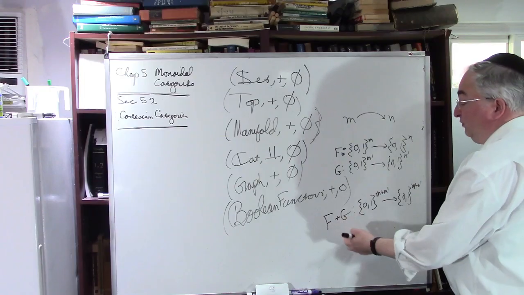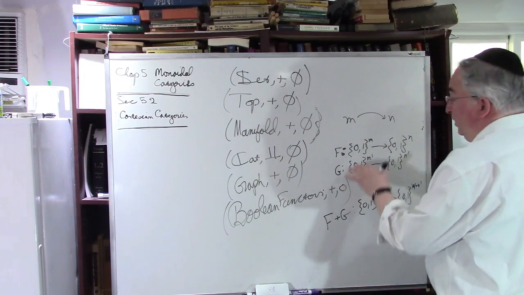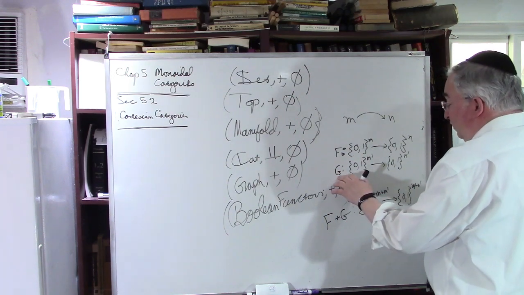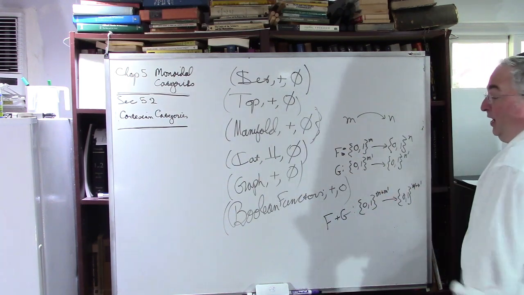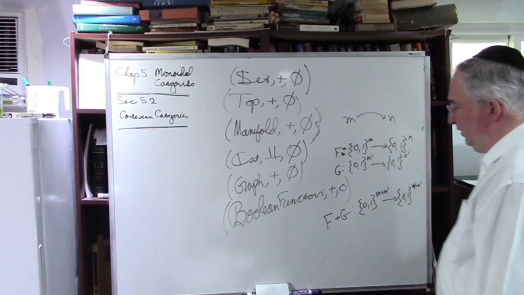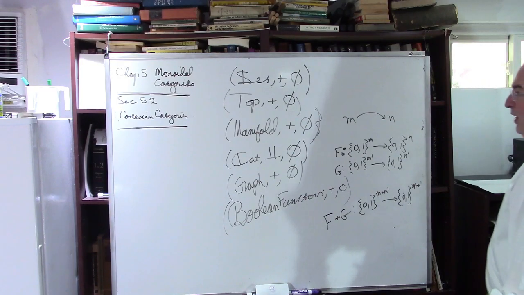These are functions from Boolean strings to Boolean strings. Well, the first part of the string is going to follow where f tells you, and the second part of the string is going to follow where g tells you. We're going to use these much later on. But Boolean functions are a cocartesian category. It doesn't really work with Cartesian. Great. What else?